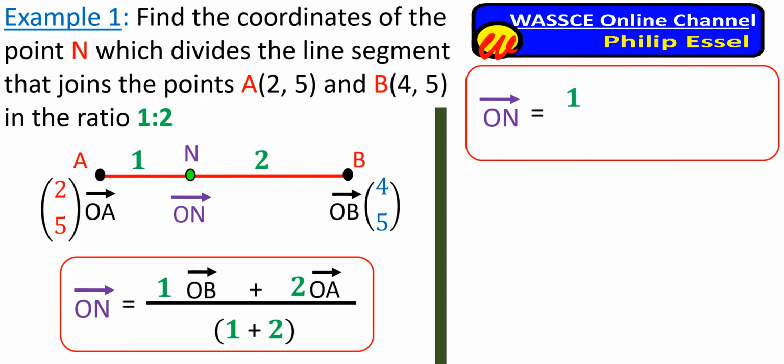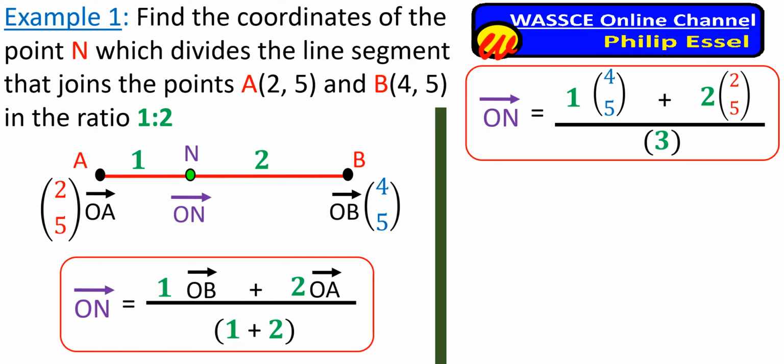So this will give us 1, which is the first ratio, multiplied by the vector OB, which is (4, 5), plus the second ratio 2, multiplied by the position vector OA, which is (2, 5), all divided by 3, the sum of 1 and 2.